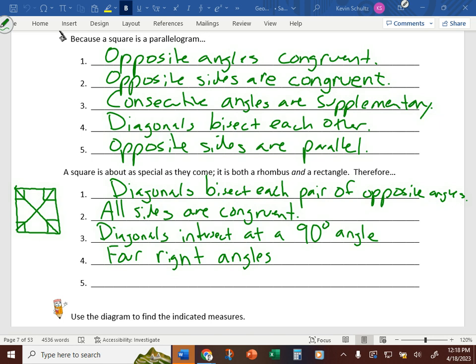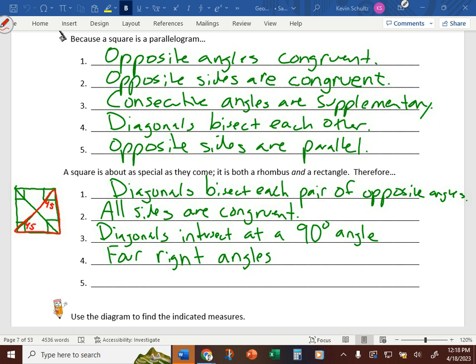Because we know that the diagonals bisect each pair of opposite angles, what type of triangles do we have here? Like this right triangle in the corner, what type of triangle is it, Lisa? 45, 45, 90. Now that wasn't the case with the rhombus, because the rhombus doesn't have those 4 right angles on the outside. But because these are each 90 and the diagonal bisects it, we have 45, 45, 90 triangles there.